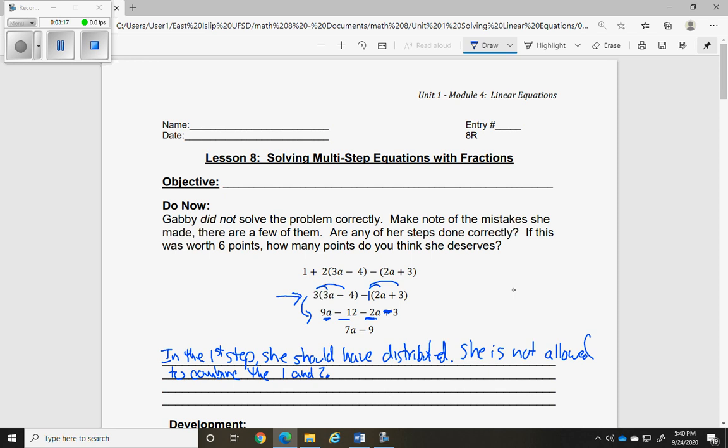Or a plus a negative 3. Oh, so she distributed the 3 right. But she didn't distribute the negative correctly.